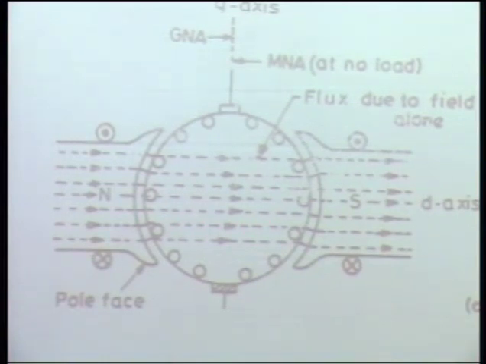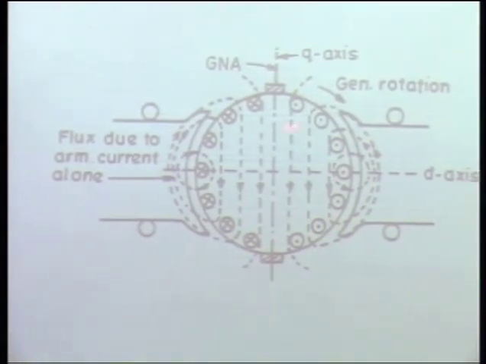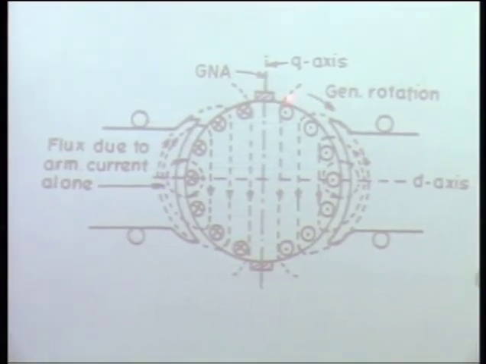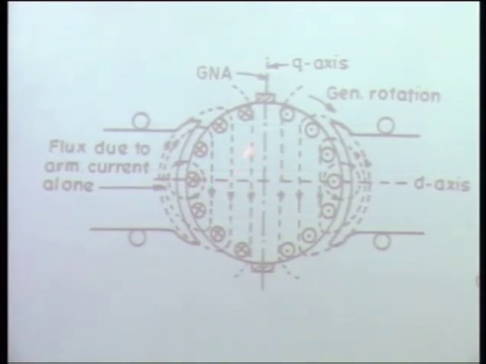Now, in the second diagram I am considering the flux produced by the armature conductors. If we look at the armature, the conductors are divided into two halves along the geometrical neutral axis.